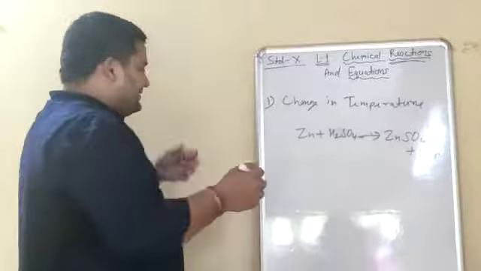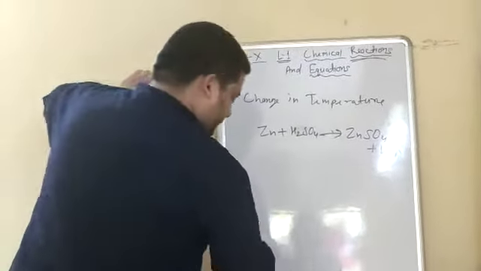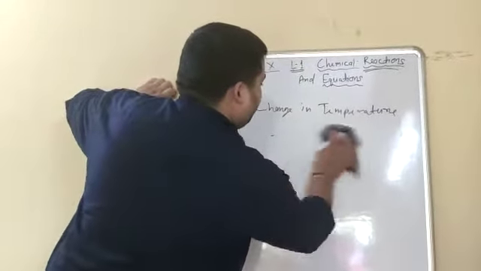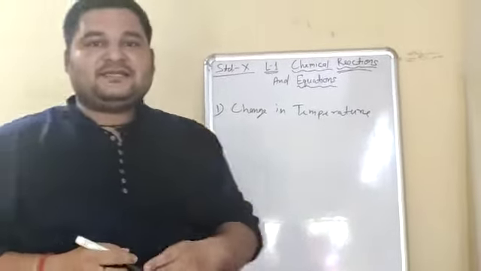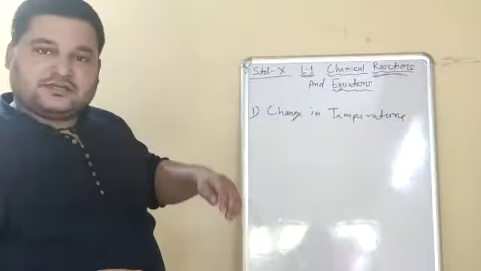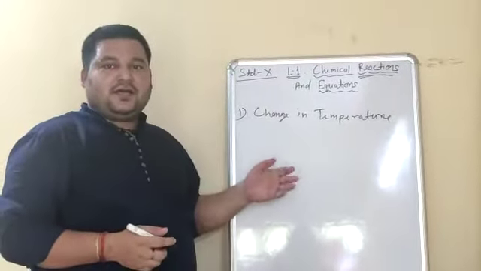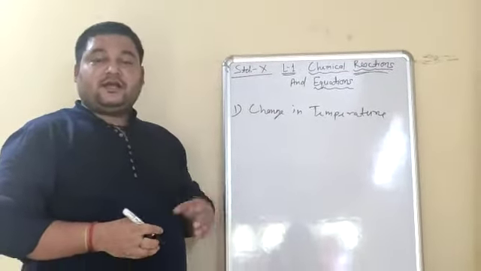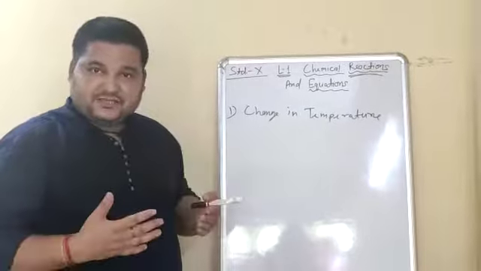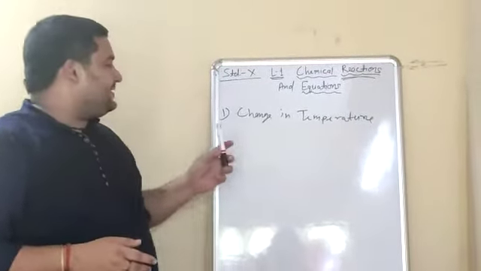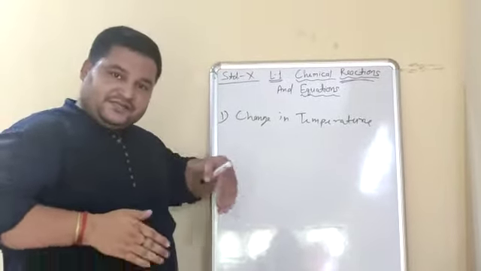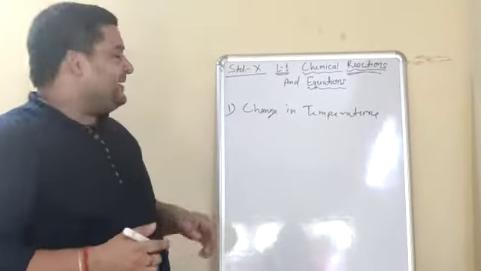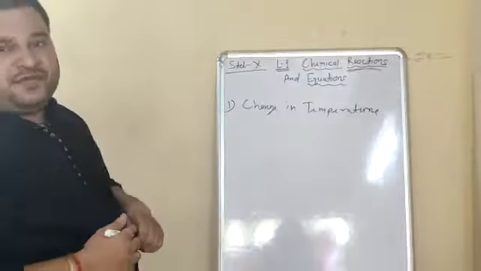You can take another example. Respiration. Respiration is a chemical change in which substance react with oxygen, release water, carbon dioxide as well as energy. So any chemical reaction in which heat is released or change in temperature, you can say that it is a chemical reaction.